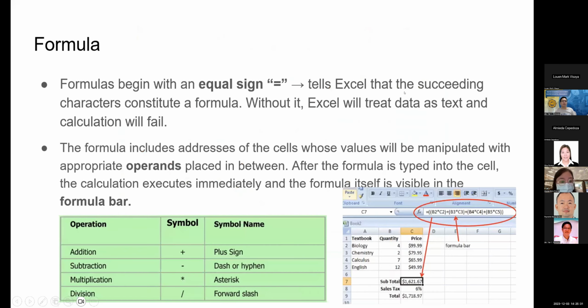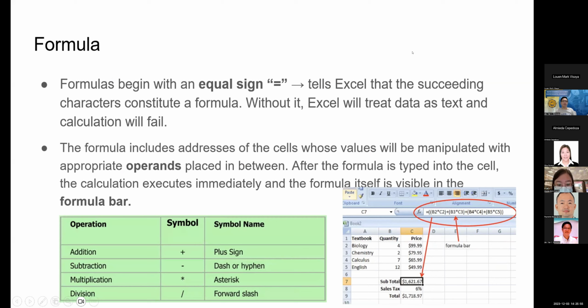So formulas in Excel begin with an equal sign. This tells Excel that the succeeding characters will constitute a formula. Without the equal sign, Excel will treat the data as text and the calculation will fail. So it is important to start the formula with an equal sign. The formula includes addresses of the cells whose values will be manipulated with appropriate operands.